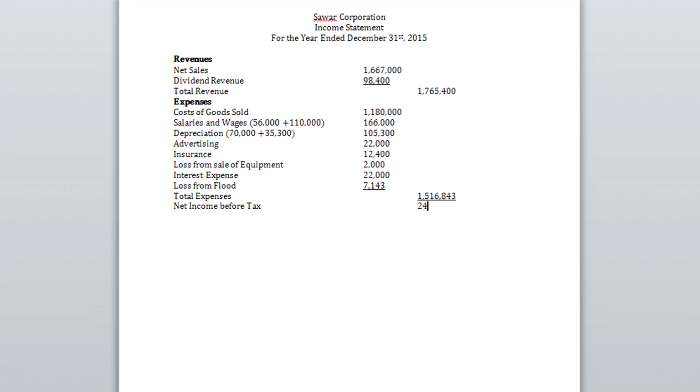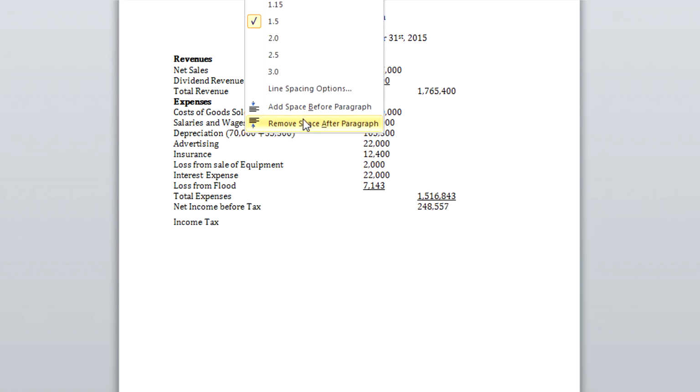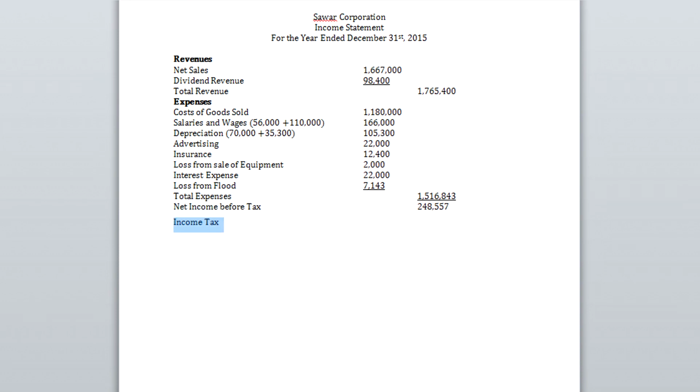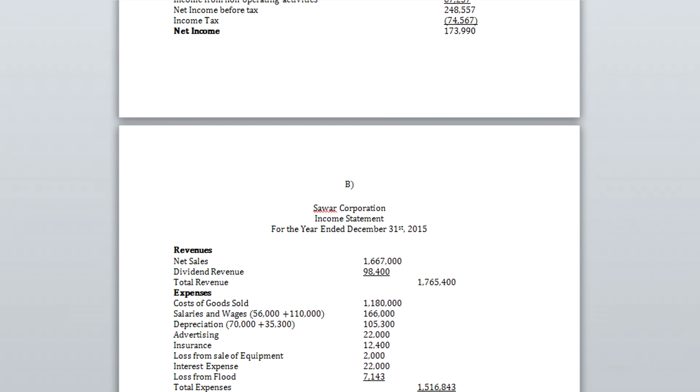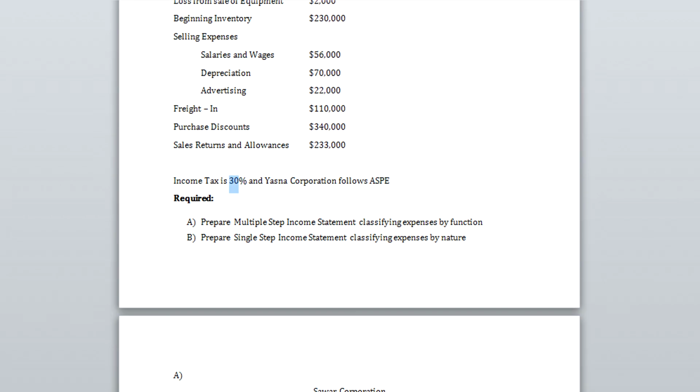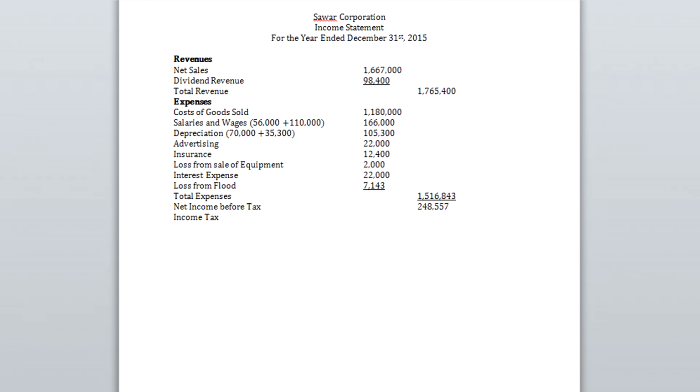So $248,557. And then, of course, we're going to be doing our income tax expense next, right? That's the last thing before figuring out our net income. So, simply going to be our net income before tax times the tax rate of 30%. So if we do that, we figure out our income tax is $74,567.